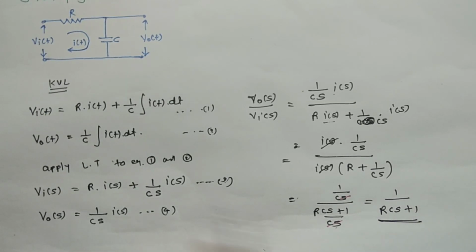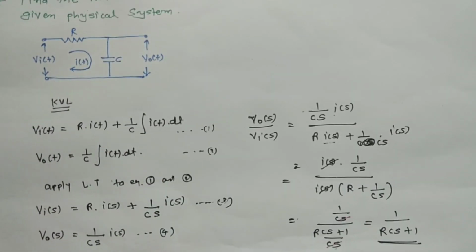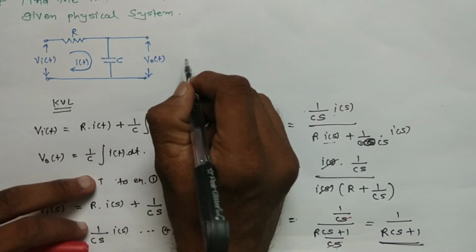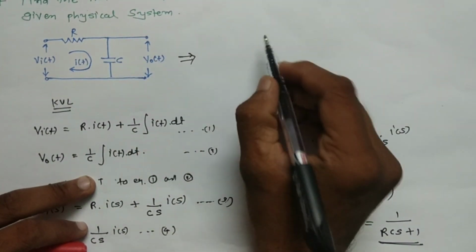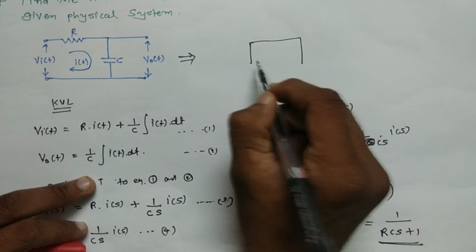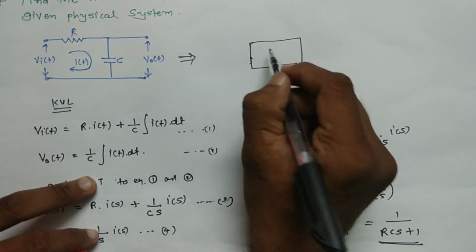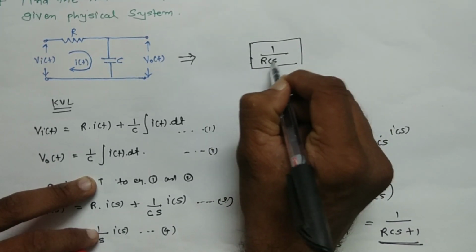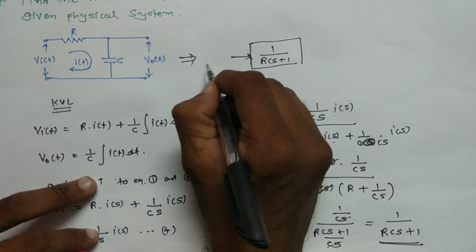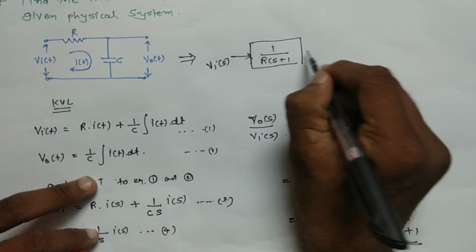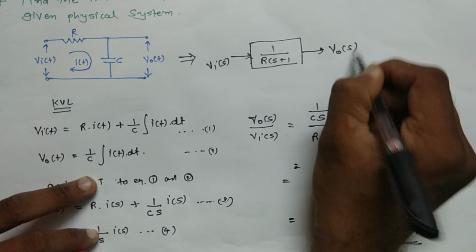That is the transfer function of this system: 1 upon RCs plus 1, where the input is Vi of s and the output is V0 of s.